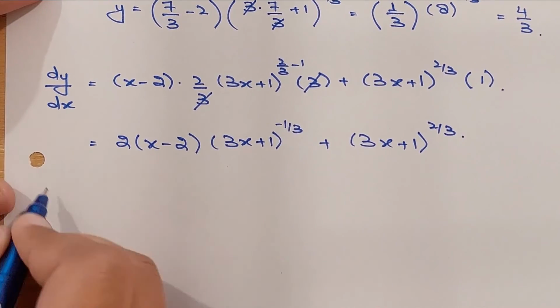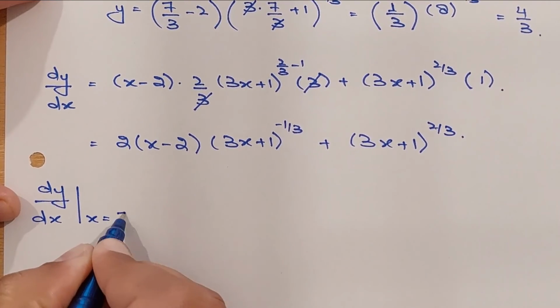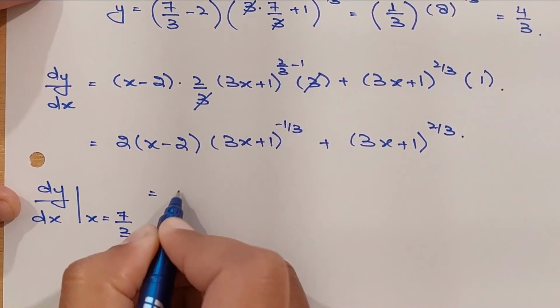Now we need to find the gradient at x equals 7/3.